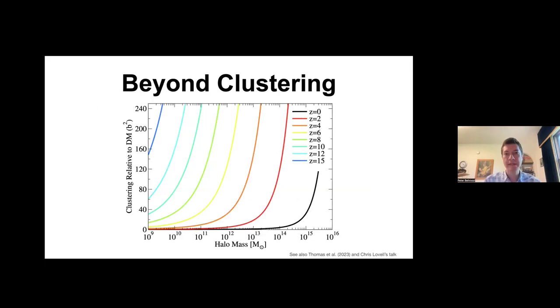I'm going to then take a few minutes to talk about advances in the theory of thinking about the information content in environment. One thing that you'll notice with clustering is that even things that we would consider typical galaxies at high redshifts are actually in extremely biased environments.